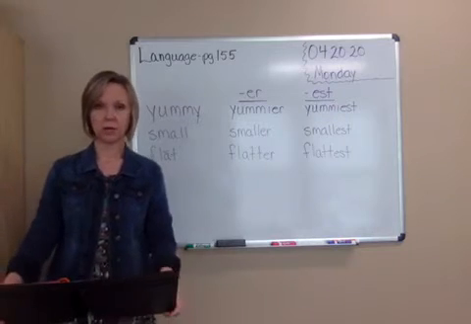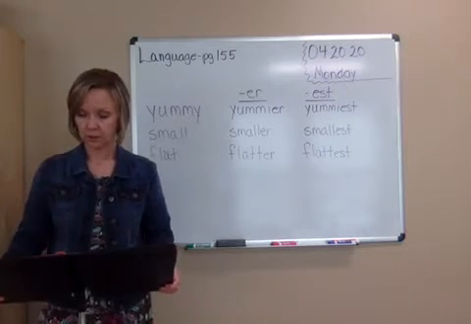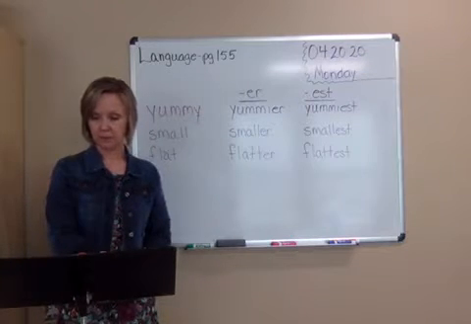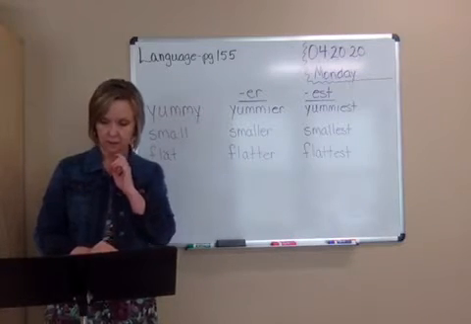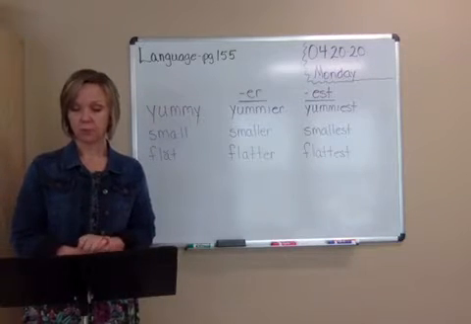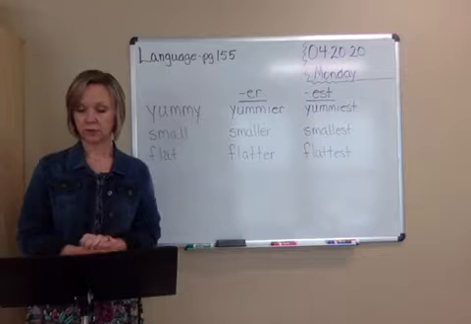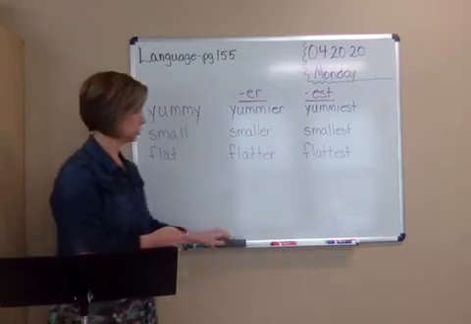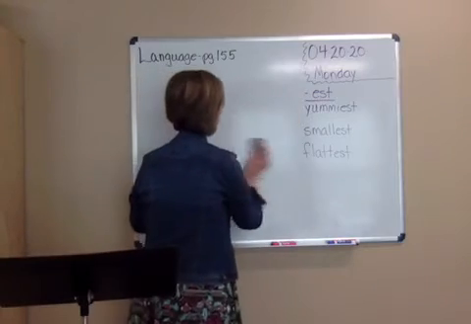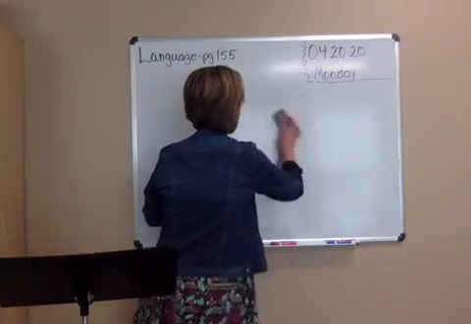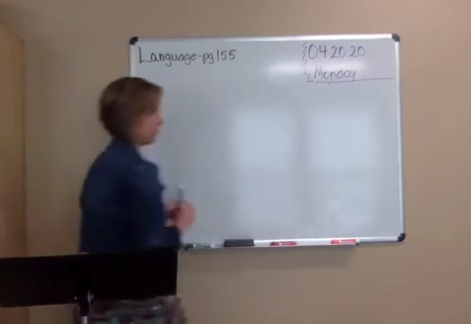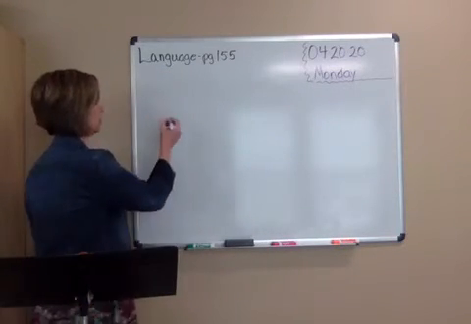All right, let's look at our new concept for today. Look at the box at the top of page 155. Use the word more before a long adjective when comparing two nouns. In this first piece of information, we have two nouns.